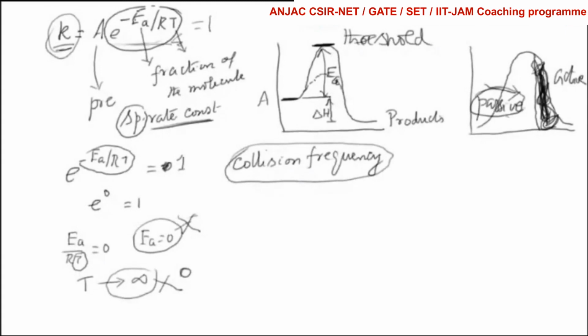Next question. The other part is on which order we can call it a collision frequency. Unit for A: the unit for A is equal to the unit for K. Because whatever unit is present in the exponential factor, after taking the exponential, this parameter is said to have no unit at all.